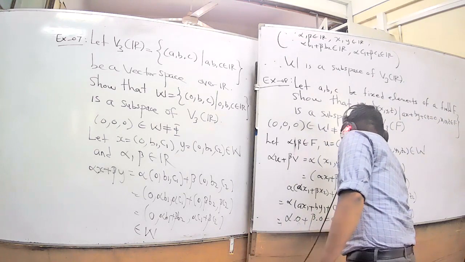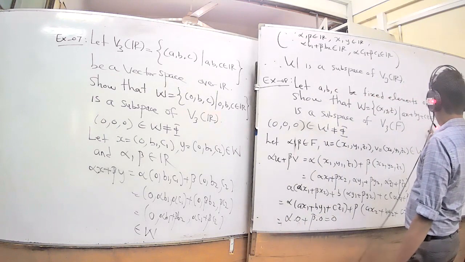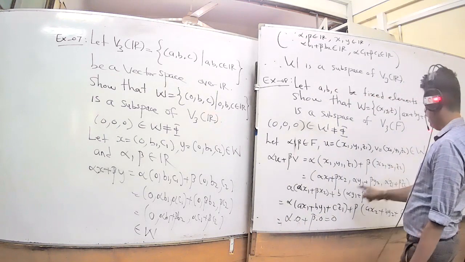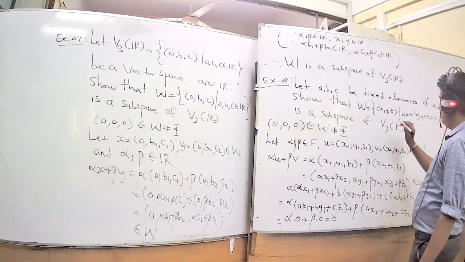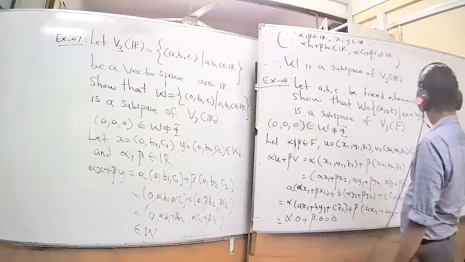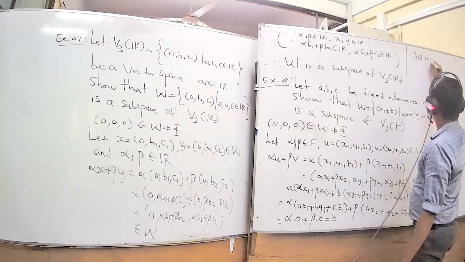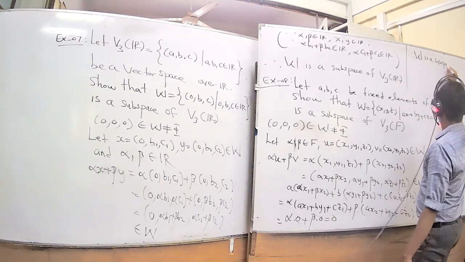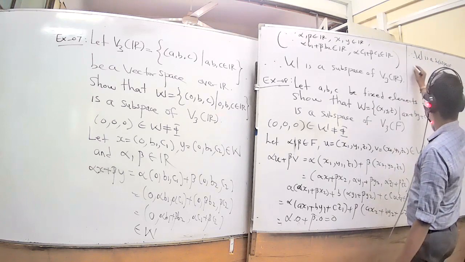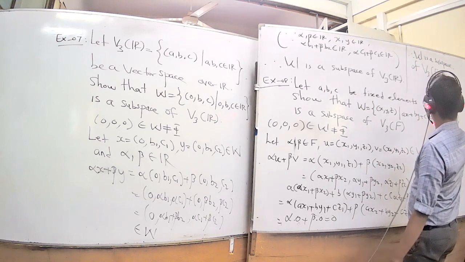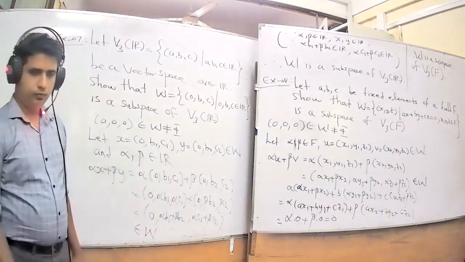Similarly, this is 0. Altogether it is 0, so the condition is satisfied, and therefore this element belongs to W. Therefore, W is a subspace of V3(F).